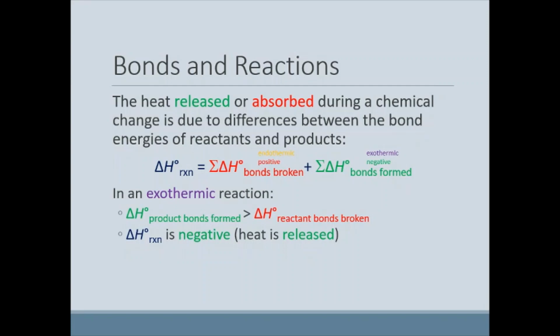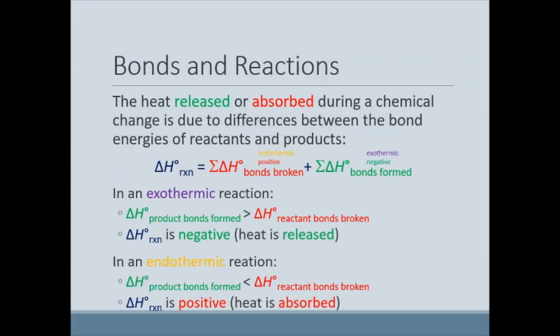The only way you can have energy being released is if the bond formation is greater than the energy required for bonds being broken. And the same for the other end of things. For an endothermic reaction, your bond breakage has to be greater than your bond formation. And so here again, energy is going to be required or has to be absorbed in order for this reaction to occur.